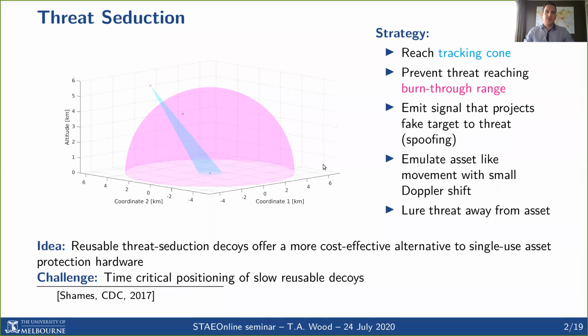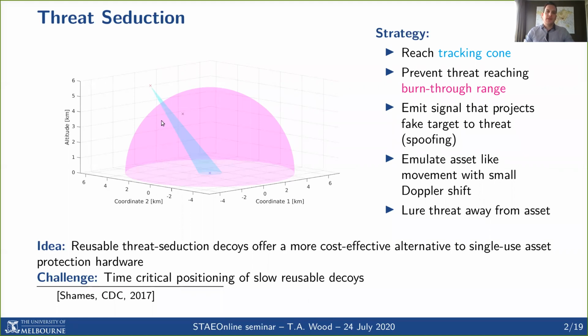In particular, we need to reach the so-called tracking cone, this area in front of the threat with a certain opening angle. This threat is traveling towards the asset. We need to get into this proximity, the region where the threat tracks its targets, shown here in this cyan or blue cone. And we need to reach this cone before the threat gets too close to the asset.